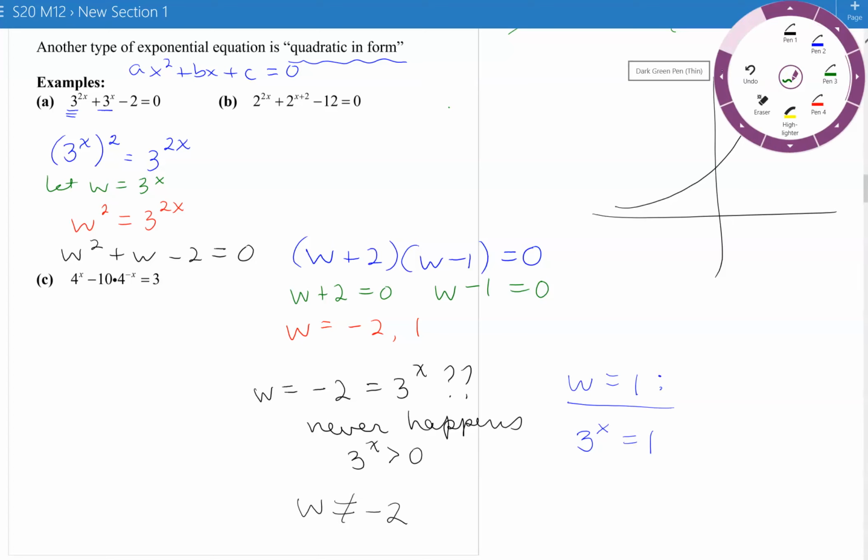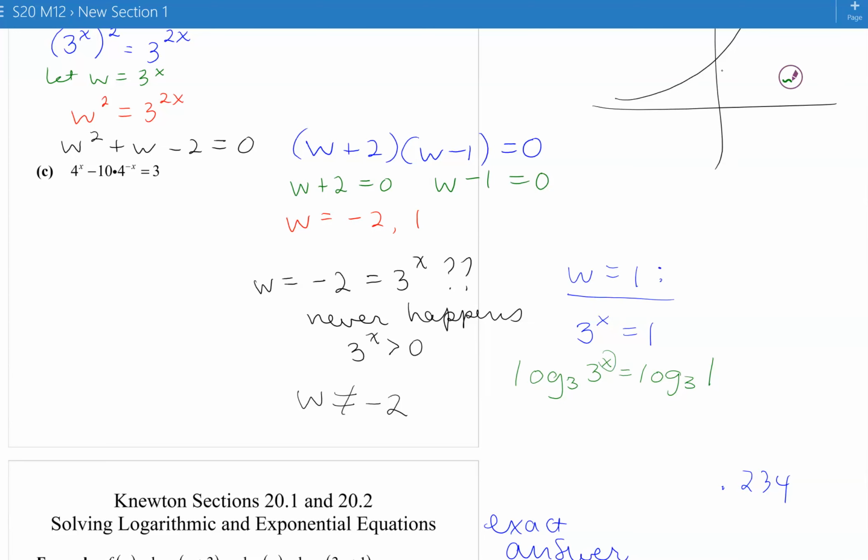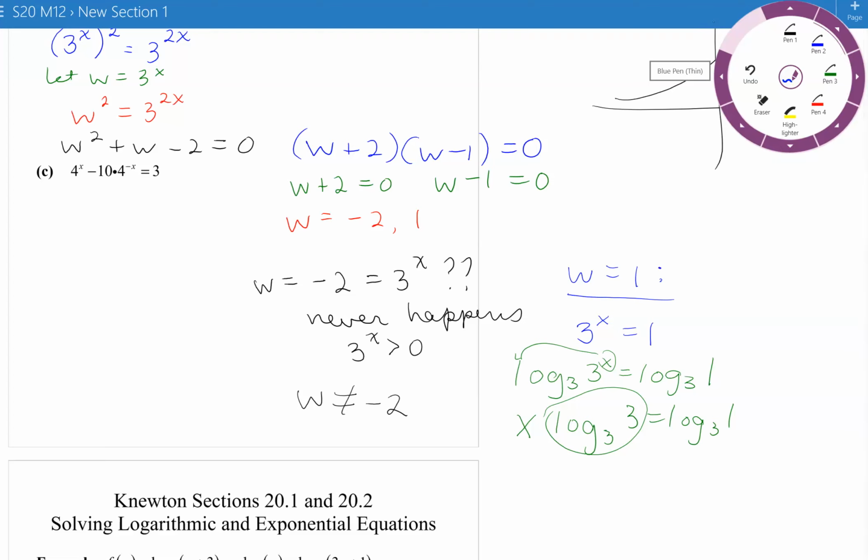So in fact, if you want to see it really clearly, you might take the log base 3 of both sides and bring this x down in front. And then the log base 3 of 3 is 1.